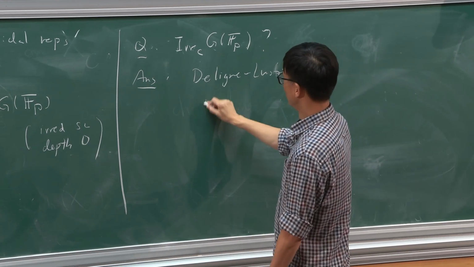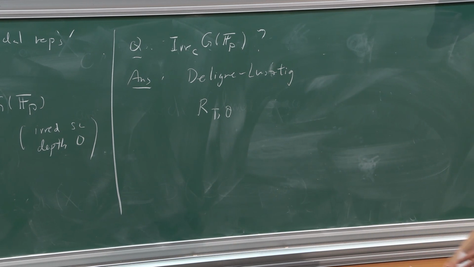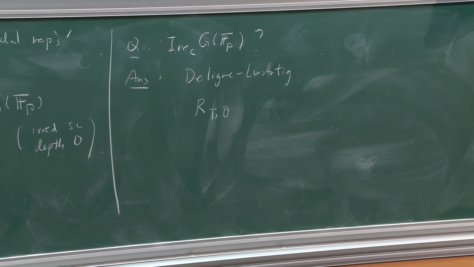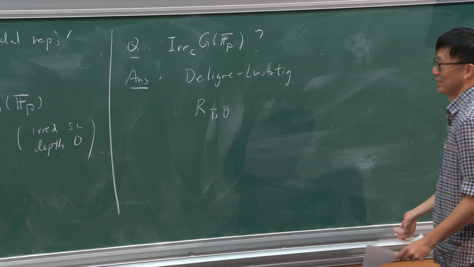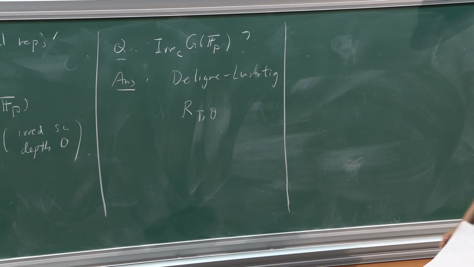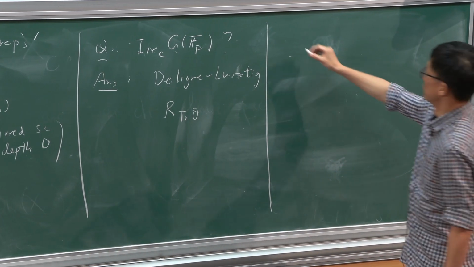You look at what they are called, Deligne and Lusztig. Their paper in 1976, just before Corvallis. So that is some answer to that simple question. Okay, let me make a few remarks.